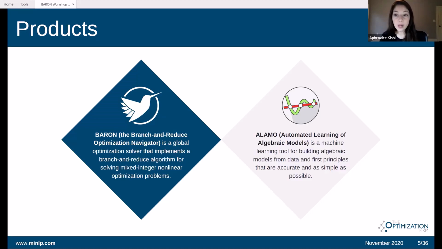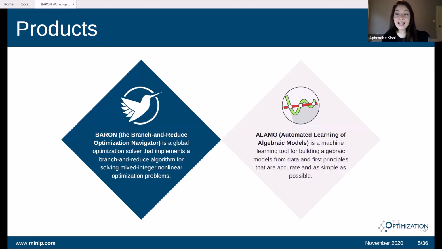It is a global optimization solver that implements a branch and reduce algorithm to solve mixed integer nonlinear optimization problems, MINLPs. Our developers worldwide are continually advancing the Barron project, and on average have doubled MINLP performance with each major Barron release since its launch, keeping Barron at the top of MINLP solvers.